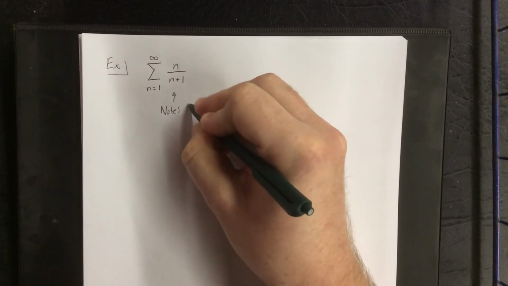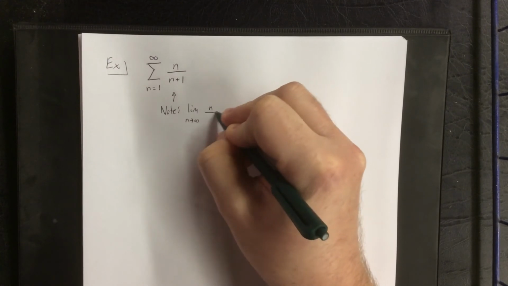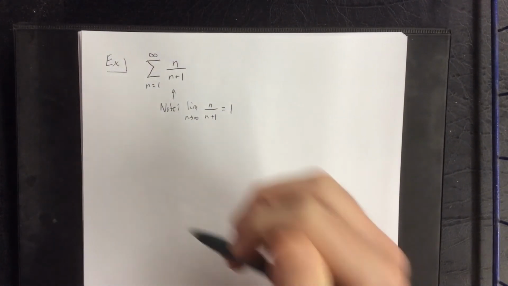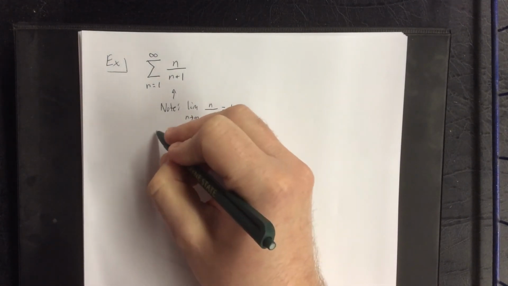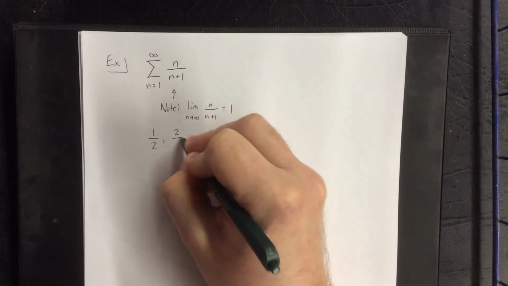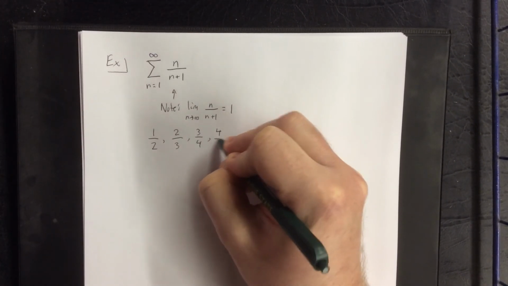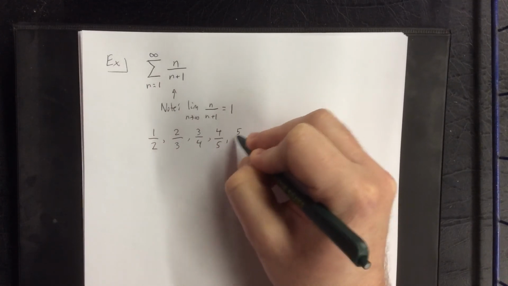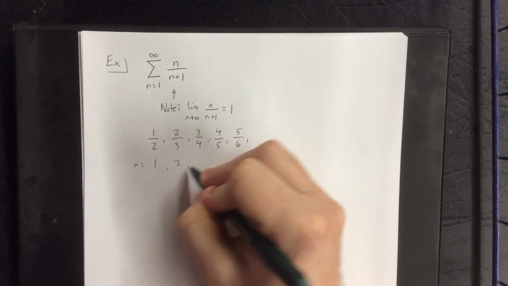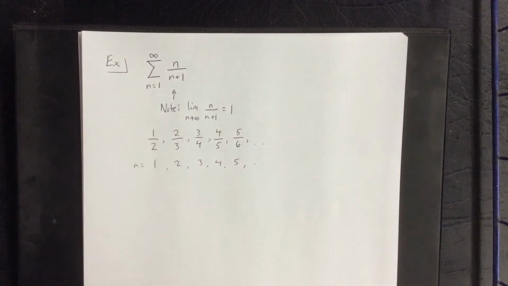So we'll note that if we take the limit as n goes to infinity of n over n plus 1, that'll be equal to 1. So essentially what's going on is the sequence starts with finite values of 1/2, 2/3, 3/4, 4/5, 5/6, etc. And those correspond to n equals 1, 2, 3, 4, 5, and so forth.